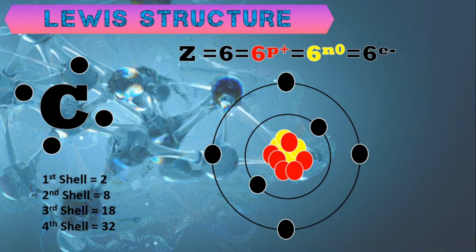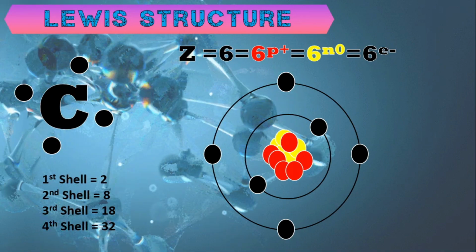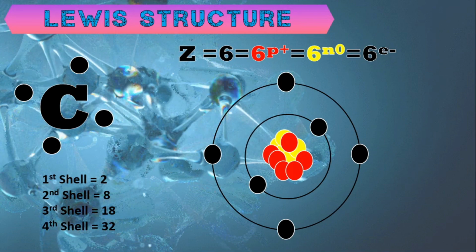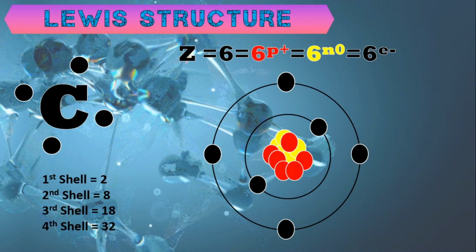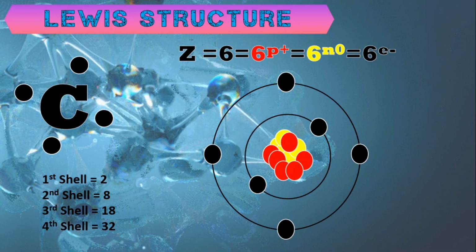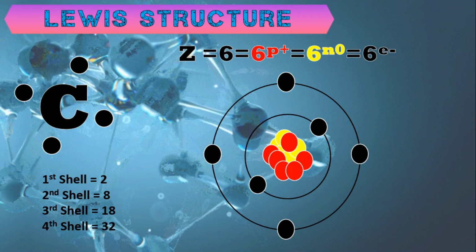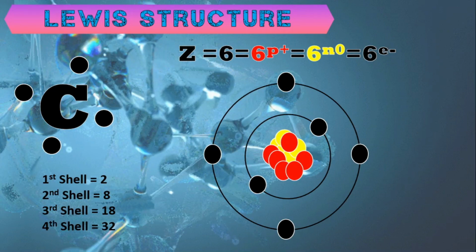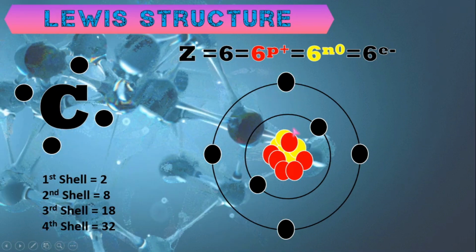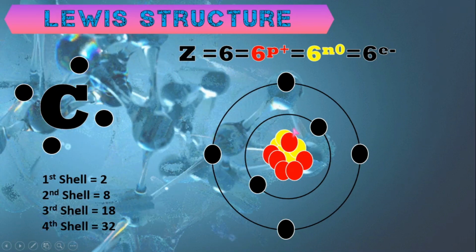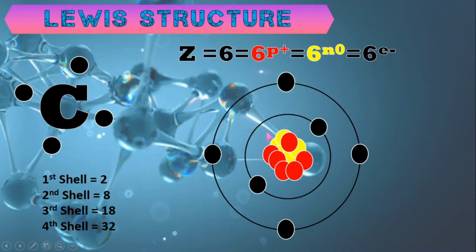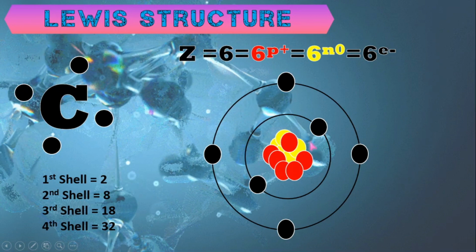Okay, so another way of determining the valence electron of a neutral atom is first determine its atomic number, then you will get the number of its electrons. Then fill up the shells. First, fill up the innermost shell. It has a maximum of 2 electrons.